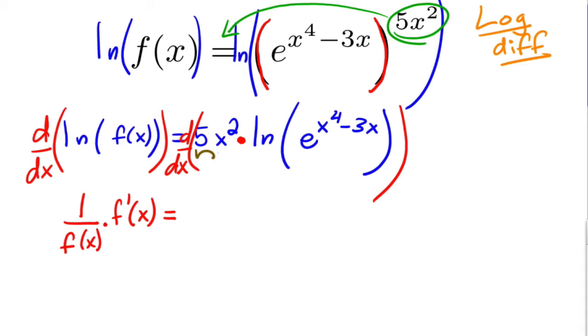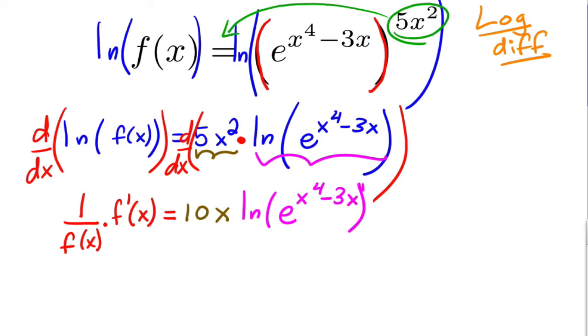And then here, when we do the product rule, we're going to have the derivative of the first, which is going to be 10x, times the second, which is natural log of e to the x to the fourth minus 3x. And plus the first, this time leave it alone, so 5x squared times the derivative of the second.